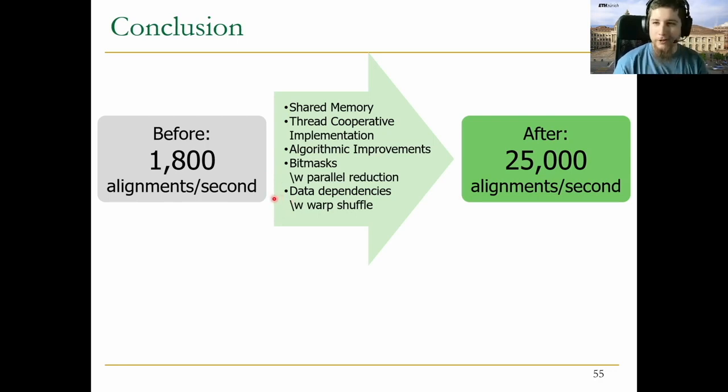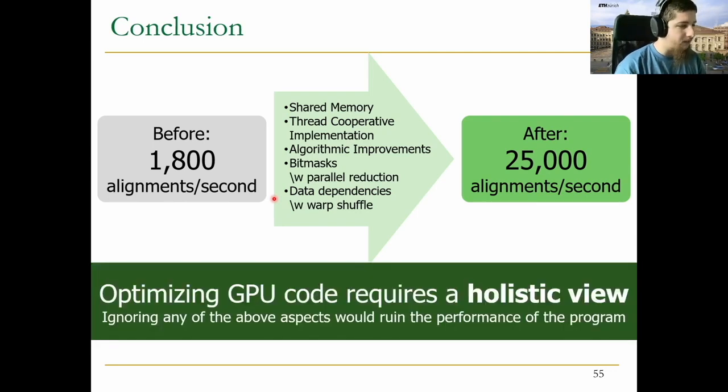And in my own conclusion, this really ends up being that optimizing GPU code requires a holistic view of the program. Ignoring any of the above aspects would ruin the performance of the program. If you were to go through our source code and remove any of these, it breaks the performance.